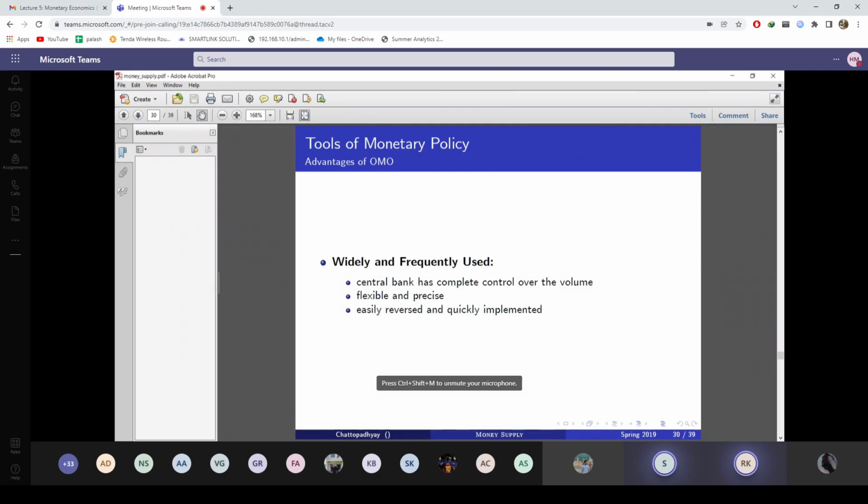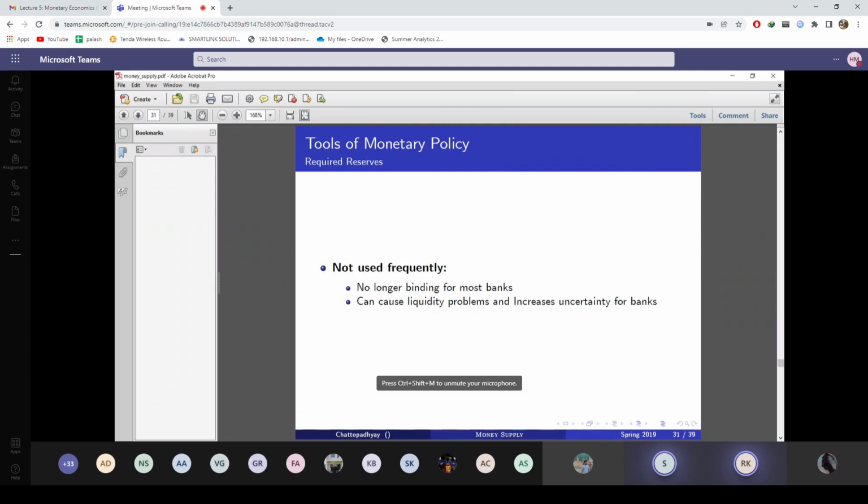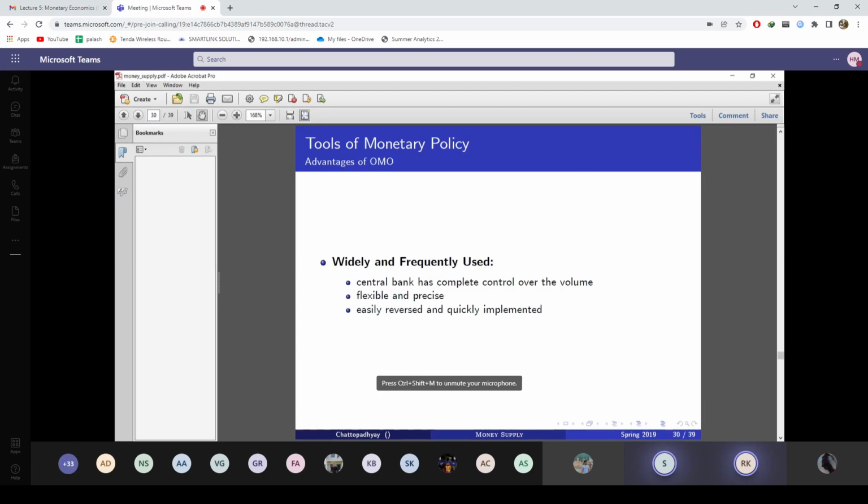But for required reserves, the interesting part is it can cause a liquidity problem and increase uncertainty for the bank. If you keep on increasing or decreasing required reserves, say every month, the banking system does not know how much reserves it should keep.